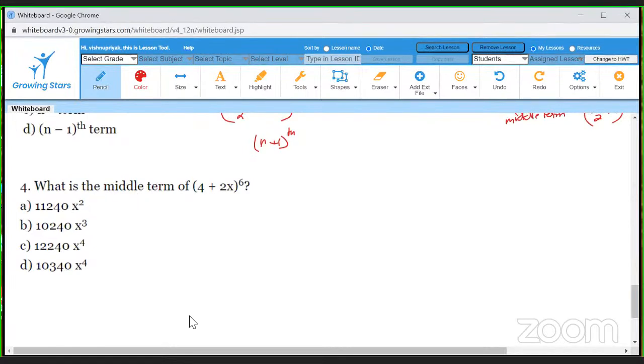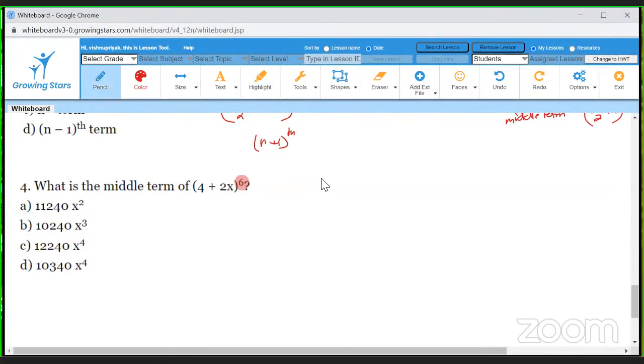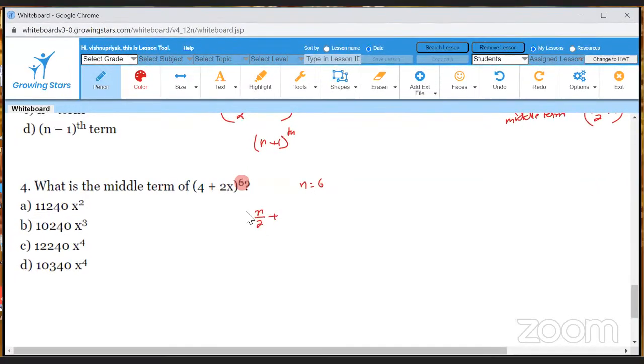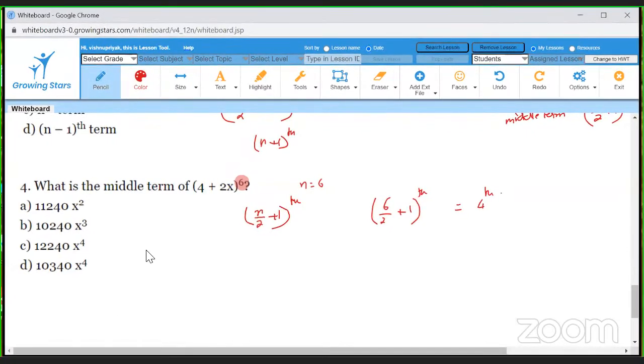Same way here, fourth question, similar to the one. You can see the power is even and it is 6. So which term? N by 2 plus 1th term, 6 by 2 plus 1th term. That is 4th term will be the middle term.